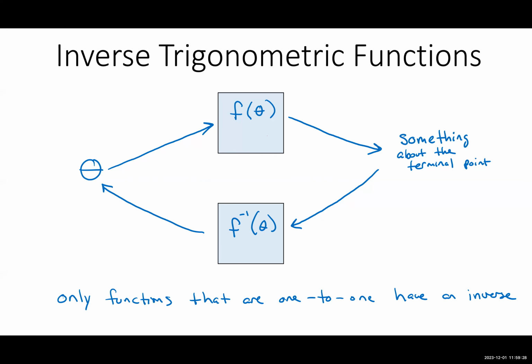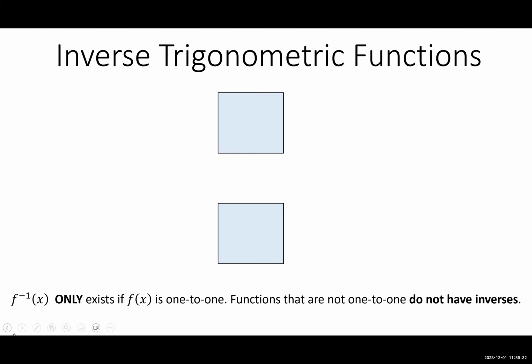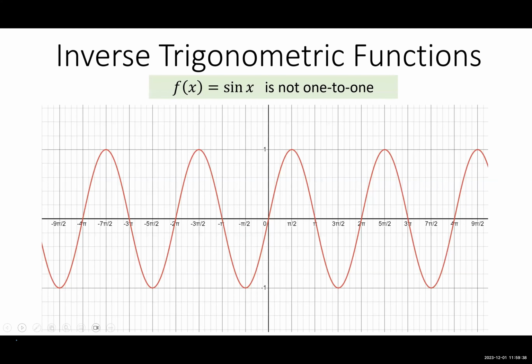Okay, well, this is obviously going to cause some problems with these trig functions, right? Functions that are not one-to-one do not have inverses. Here's the sine function. Y equals the sine of x, or f of x equals the sine of x, is not one-to-one. So it does not have an inverse. Right?